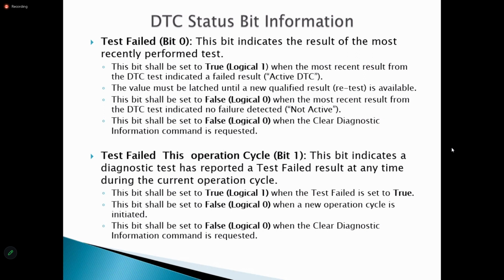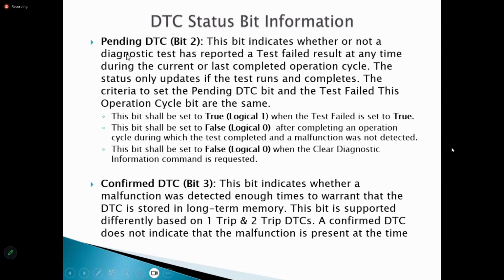Okay. So now we'll go to bit 2. Bit 2 is pending DTC. Pending DTC means this bit indicates whether or not a diagnostic test has reported a test failed result at any time during the current or last completed operation cycle.